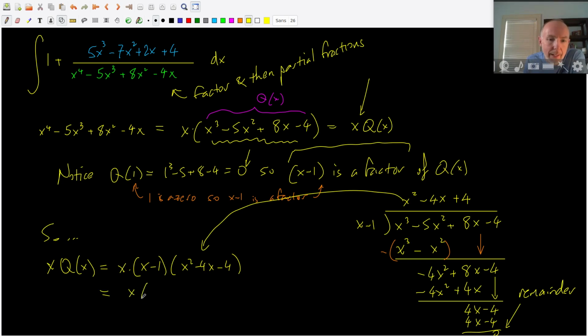I can factor that last term. That last term is a quadratic. Hopefully you can see maybe that the factor here is, oh, I don't know, what's the factor here? Well, it's a lot easier if I don't make a transcription error. That's a positive. So this is x minus 2 all squared. Because you square that out, you get x squared minus 4x plus 4. So there's our complete factorization of the denominator.